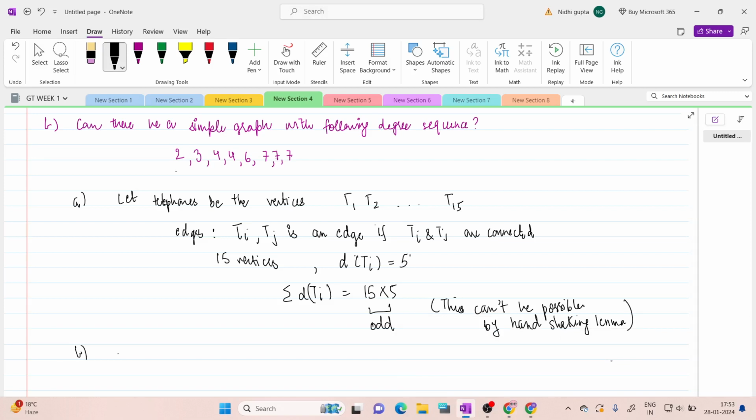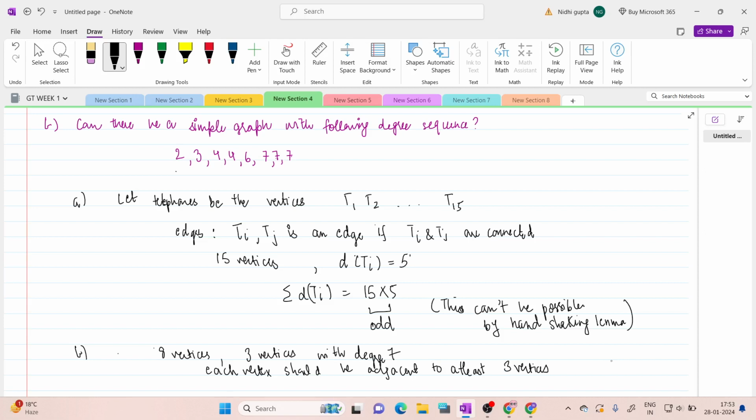Yes, very good. This sequence has 8 vertices in total, and 3 vertices with degree 7. That means each vertex should be adjacent to at least 3 vertices.